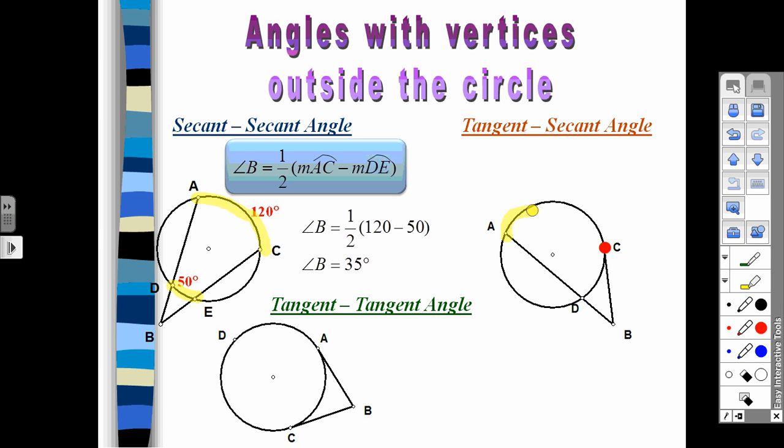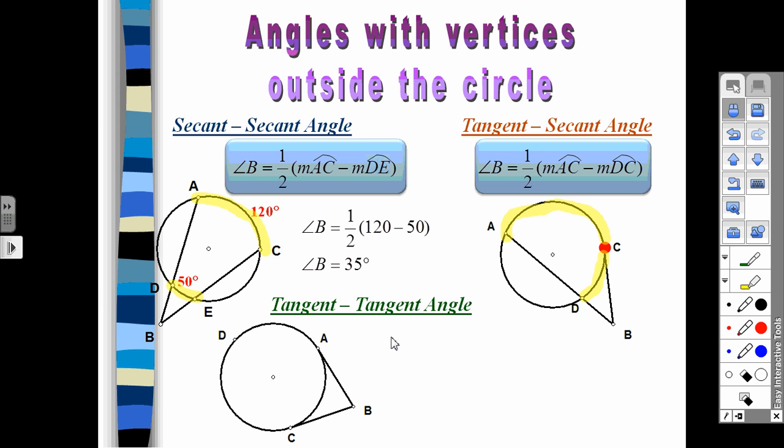So there's the arc from A to C, and then there's also this arc from D to C. And those are the 2 arcs that we're going to be talking about. And hopefully you can see that this arc AC is bigger than this arc DC. So the formula, once again, is 1/2 the larger arc minus the smaller arc. So same formula, right? Same exact formula. It's just that this arc right here and that arc are created differently than these 2 arcs that you have.